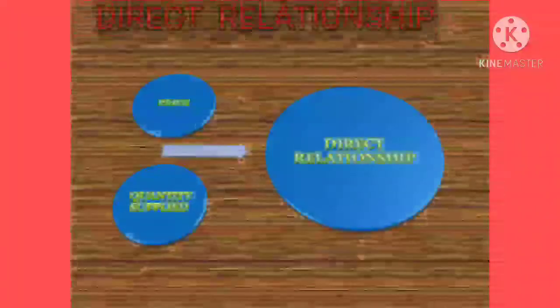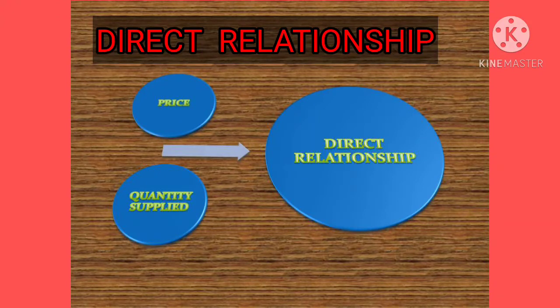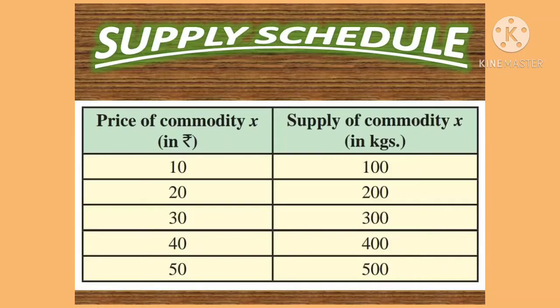The law of supply can be better explained with the help of a schedule and diagram. Supply schedule. The table explains the direct relationship between price and quantity of commodity supplied.